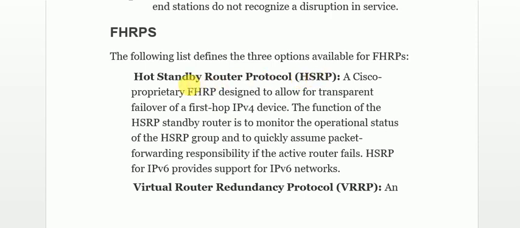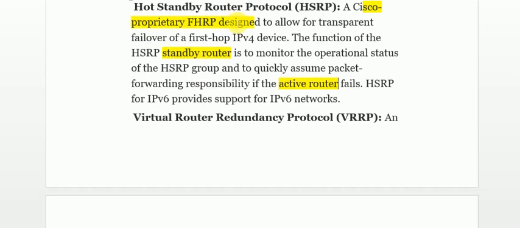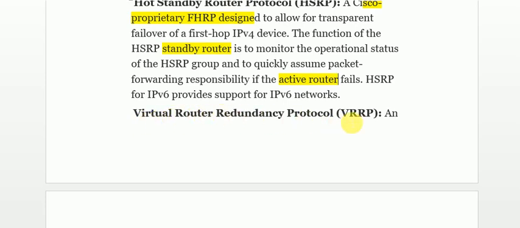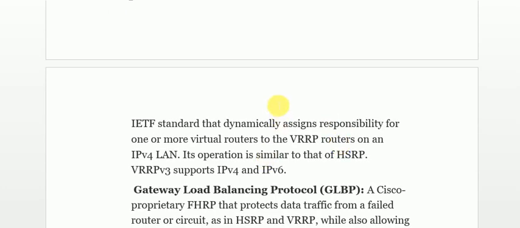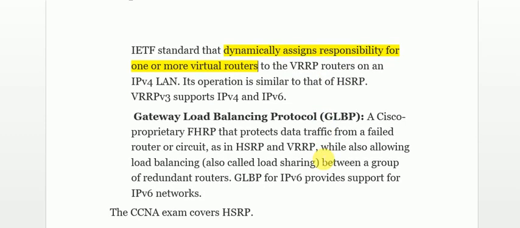HSRP, Hot Standby Router Protocol, is Cisco proprietary. The standby router monitors the active router, and when the active router fails, the standby router becomes active. VRRP, Virtual Router Redundancy Protocol, works the same as HSRP, but it dynamically assigns responsibility for one or more virtual routers, and the operation is like HSRP.